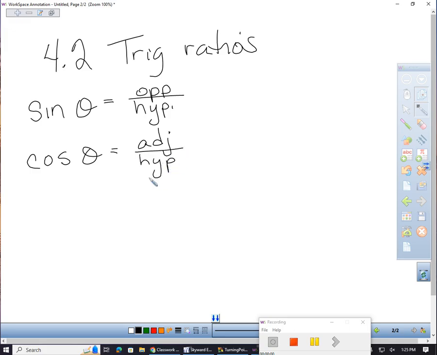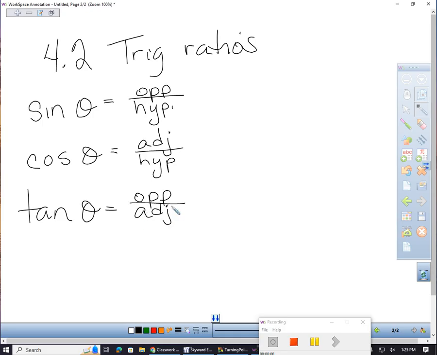Anybody remember the third one? Tangent, that's what I was looking for. Good. Tangent of theta is opposite over adjacent.